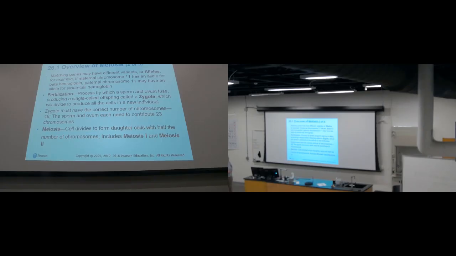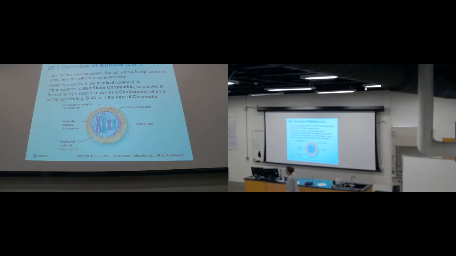The zygote will have 46 chromosomes because it receives 23 chromosomes from the sperm cell and 23 from the egg cell. And then in meiosis, we reduce the number of chromosomes in the cells by undergoing reduction division twice, which is subdivided into meiosis 1 and meiosis 2.